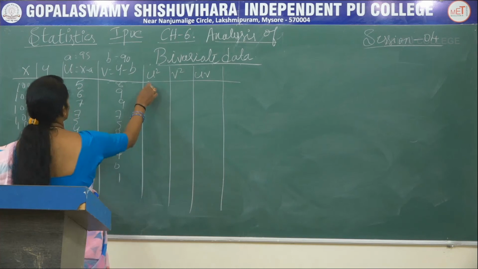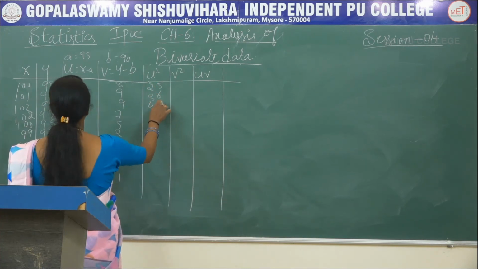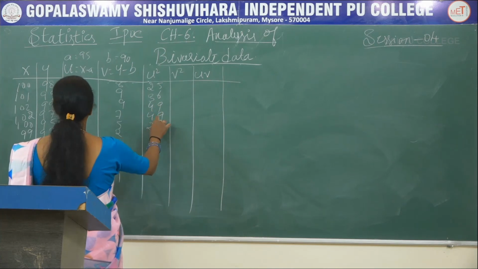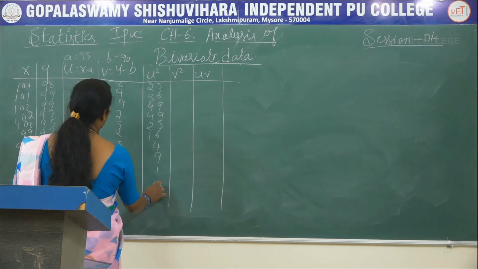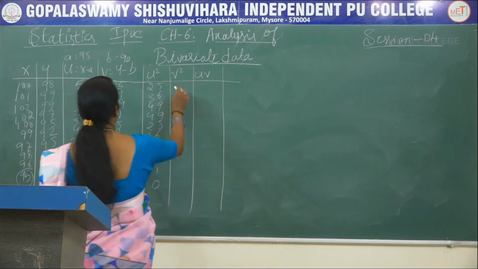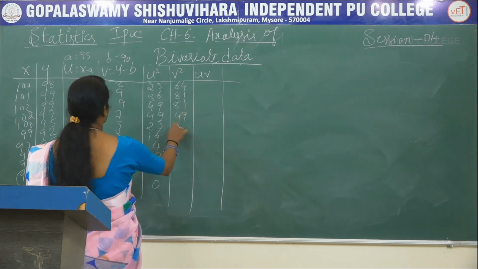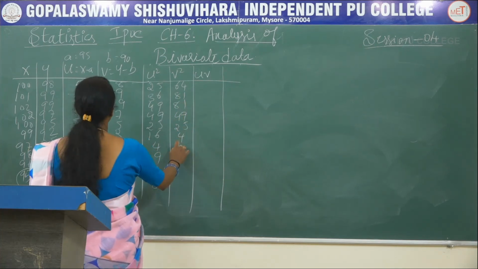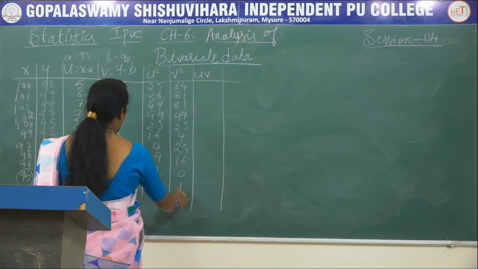U square means 25, 36, 49, 49, 25, 16, 4, 9, 1, 0, and for v square 64, 81, 81, 49, 25, 4, 25, 16, 0 and 1.